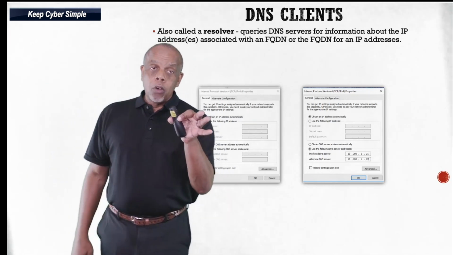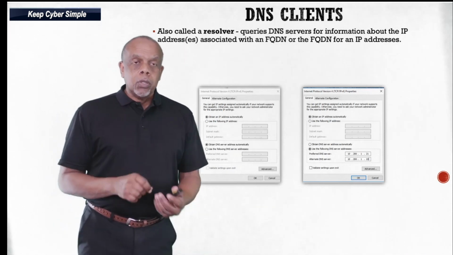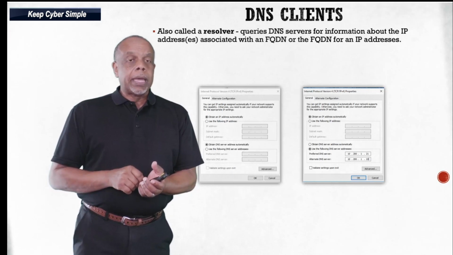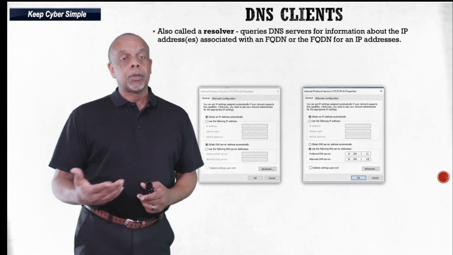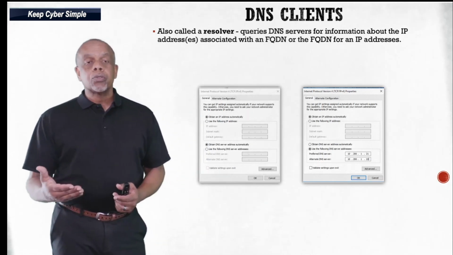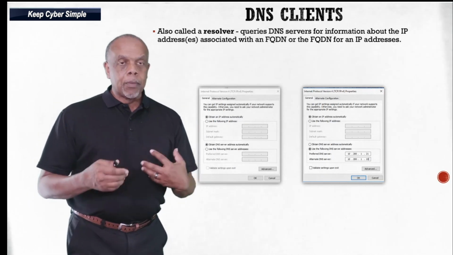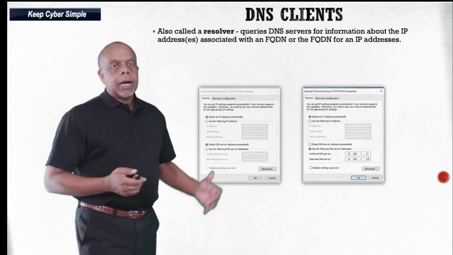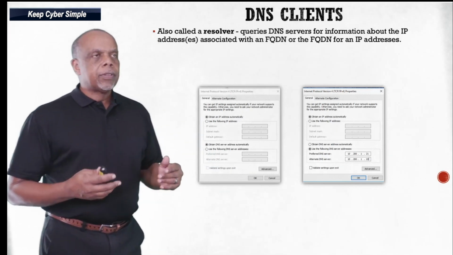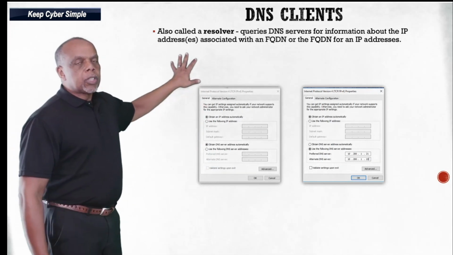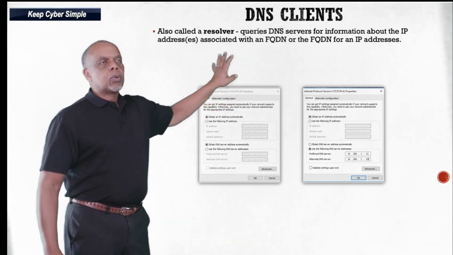No different than back in the phone book days. Once you looked up somebody's phone number one time, you would write it down on your little notepad, your cache, and that way you didn't have to go back to the phone book every time you wanted to find that person's phone number. It was in your personal address book. Well, your home computer does the same thing. It has cache, or memory, where it will store domain names and IP addresses that it finds out about. So this resolver is where it starts. Your local resolver is what actually starts the query process.